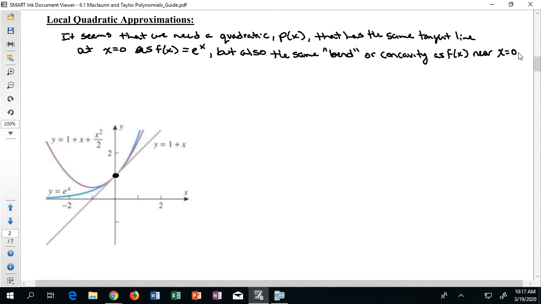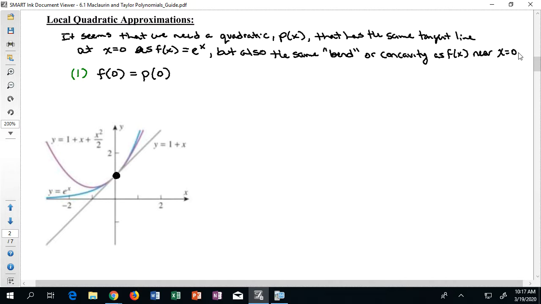So if these are the things that I want to be true about my quadratic, I could think about how I could summarize these in a couple different points. So I'm going to go ahead and write out some different properties that I want to be true. Here's, I think, property 1. If I want to make that same tangent line occur, it definitely has to be the case that when I plug 0 into my function f, and I plug 0 into my new quadratic formula, they have to produce the same thing, right?